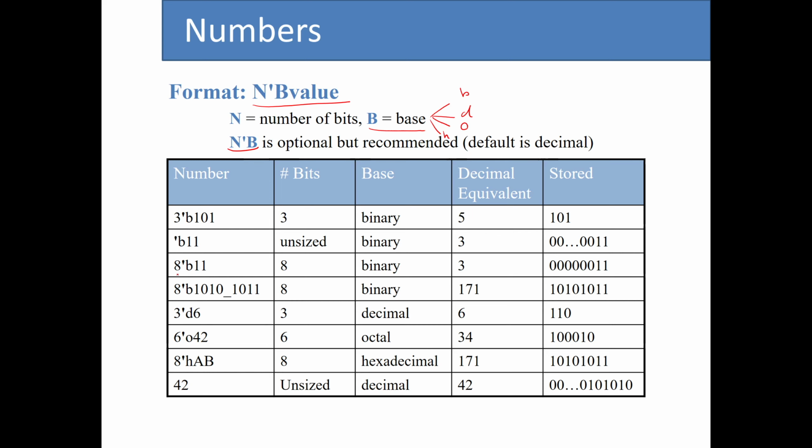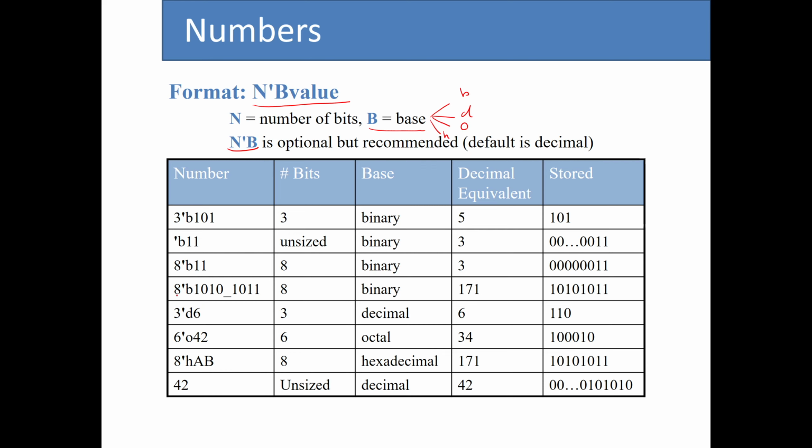What about this one? We have 8 single quote B11. That tells SystemVerilog that the number of bits is 8. The number is binary, but we only specify 2 values, so it knows that the rest are going to be 0. What about 8 single quote B101 underscore 1011?